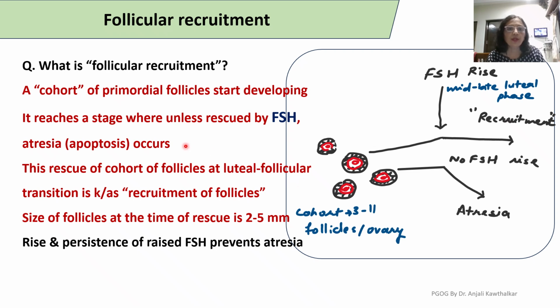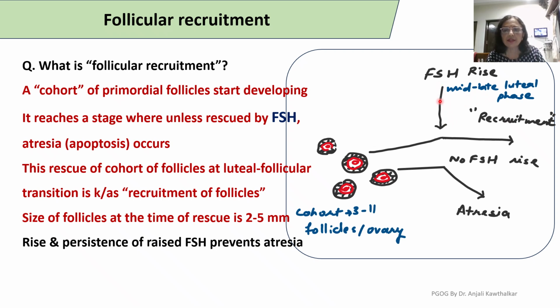Rescued from apoptosis. Rather than going for atresia, this group of follicles is being subjected to the FSH rise in the luteal follicular transition time of the cycle, that is almost the end of one menstrual cycle and initiation of the second menstrual cycle.